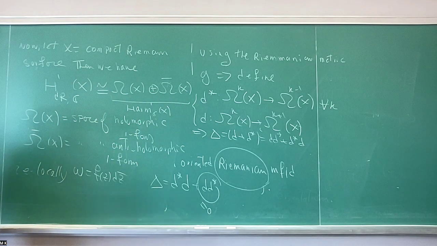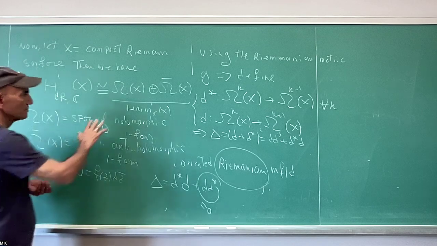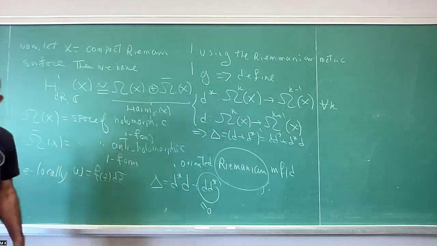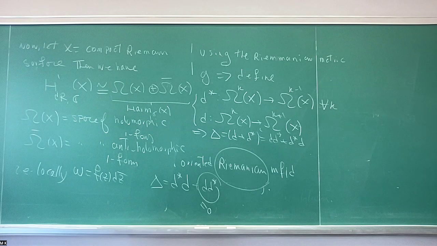But again, I have that ambiguity now for the use of Riemannian metrics. It can be avoided, but it takes some more definitions. So there's some more work.